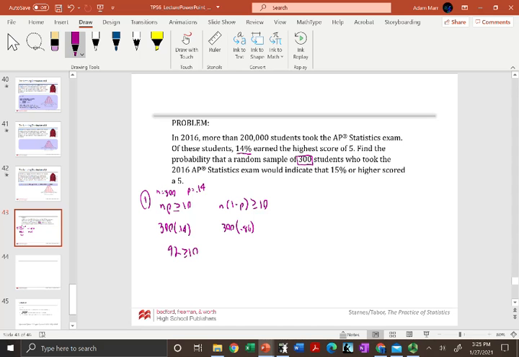And that is indeed greater than or equal to 10. And then 300 times 0.86 gives me 258, which is also greater than or equal to 10. So we can say the sampling distribution of p hat is approximately normal.